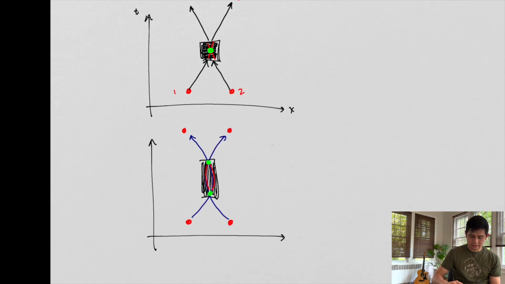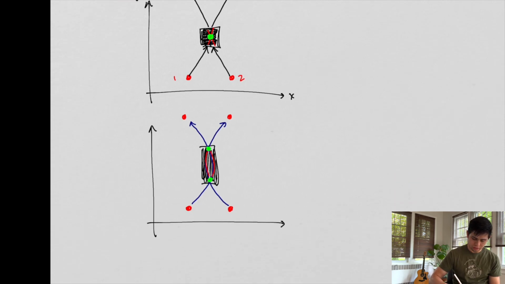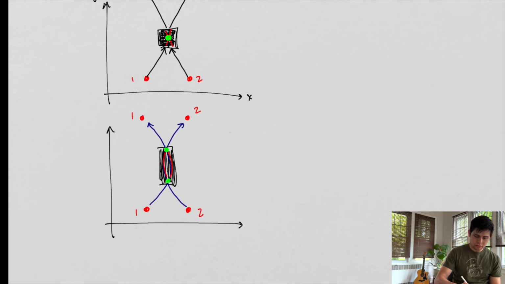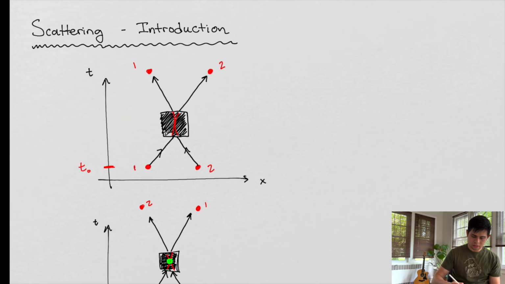But you could see that if we have particle 1 here, and this is particle 2, and this is particle 2. If we take this situation here, and we take this situation here, we can see similarities.